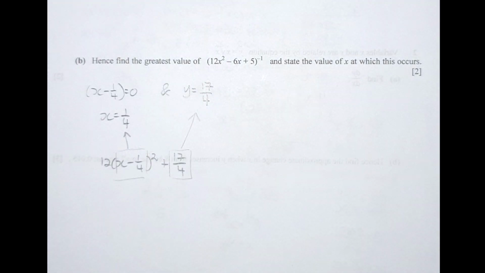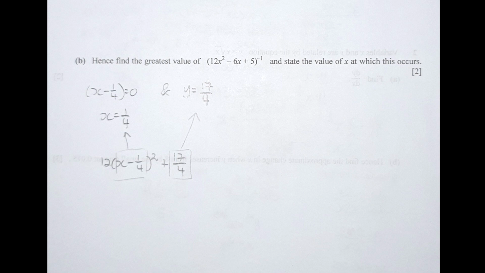Part B. Find the greatest value of 12x squared minus 6x plus 5 to the power of negative 1 and state the value of x at which this occurred. What this question is referring to is that we are required to identify the turning point.